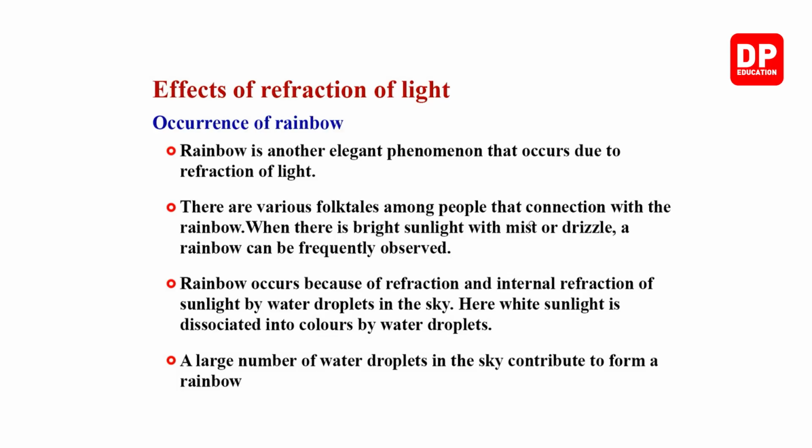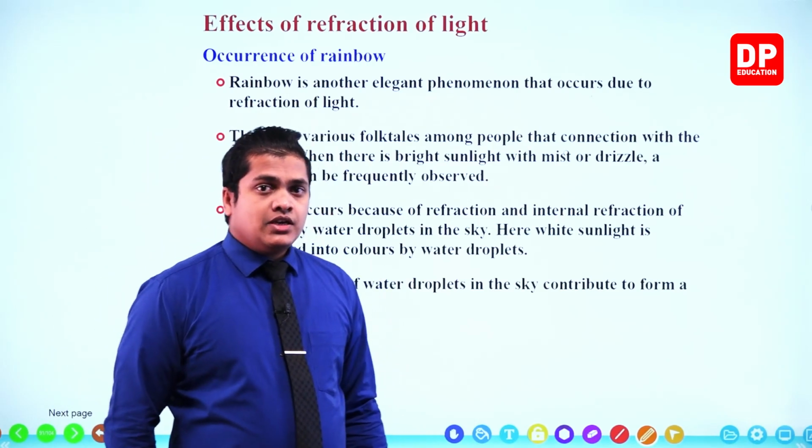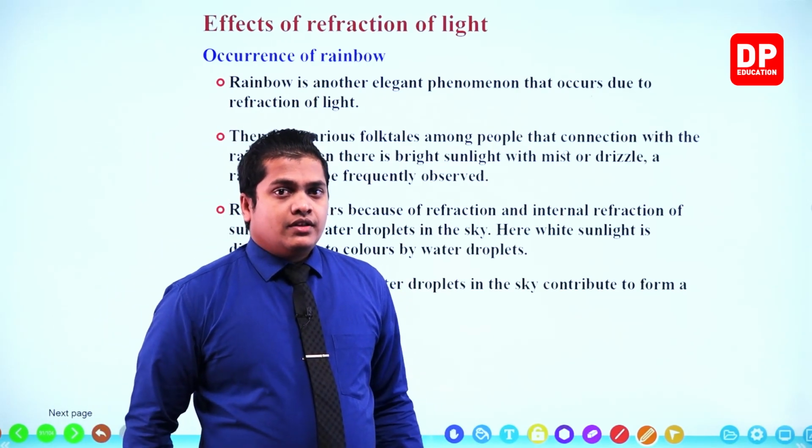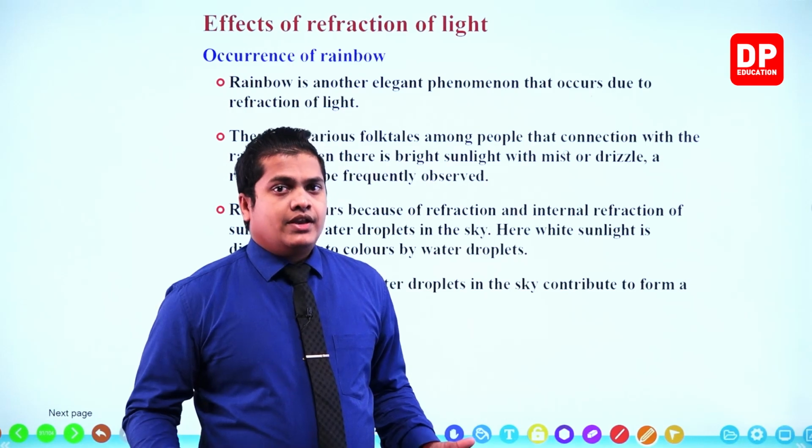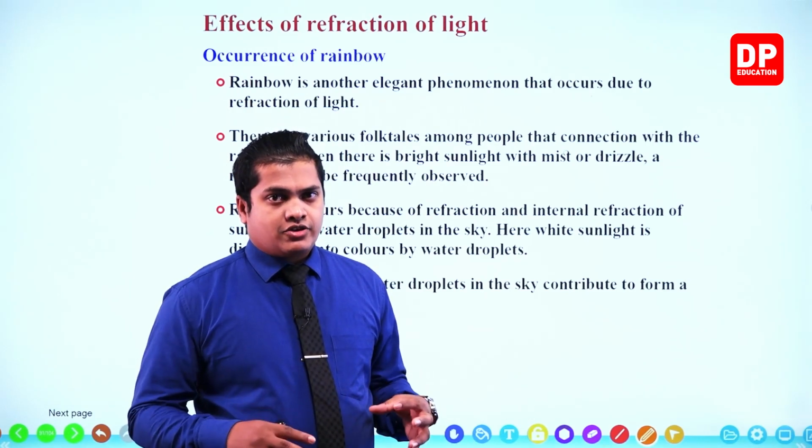So the next main effect of refraction of light is the occurrence of rainbow. So you are given a point. Rainbow is another elegant phenomenon that occurs due to refraction of light. So rainbow is a wonderful phenomenon that happens in our environment because of the refraction of light.